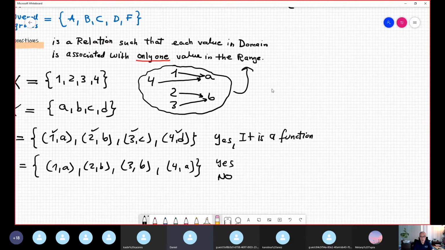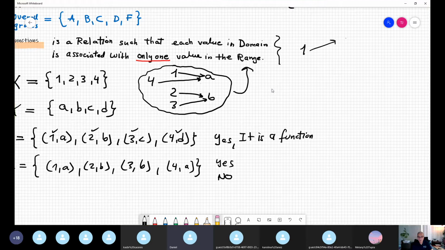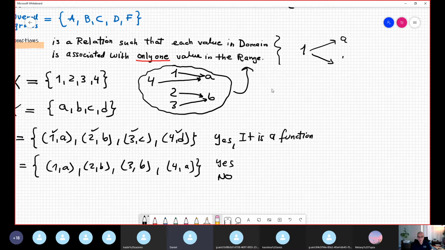But the opposite, the converse, no. The only possibility where we have no function is, hypothetically, if 1 is associated with A and is also associated with B, that is, two values for one value of the domain. But it is perfectly legal that 1 is associated with A, which is only one, and 4 is associated with A. There is no contradiction.